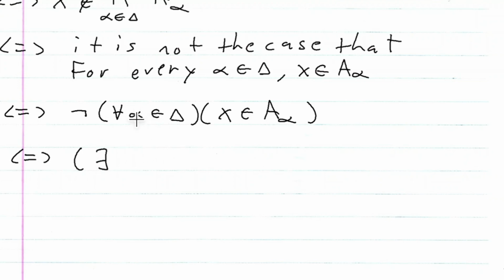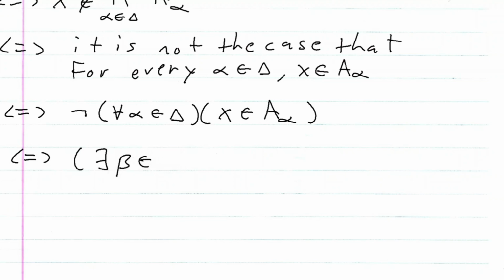So when we used alpha, it represented any element in the index set, indicating any set within the collection. Now, for an existential statement, there only needs to be one within this collection that has this certain property to make it true. So we're going to use a dummy variable. Let's call it beta.